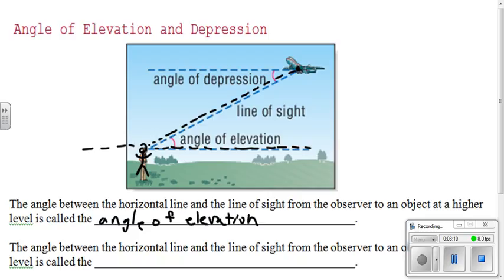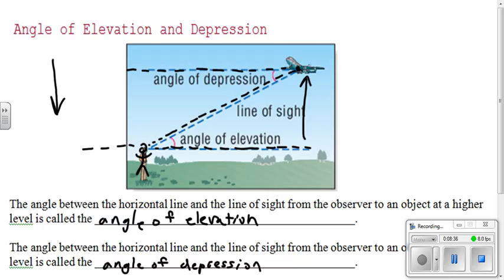And you can remember that because from him up to the airplane there is an elevation. It's elevating. Now from the object looking down, we call that the angle of depression. And again, you can remember that because depressing something is pushing it downwards. So from the object looking down, that's where the observer is.